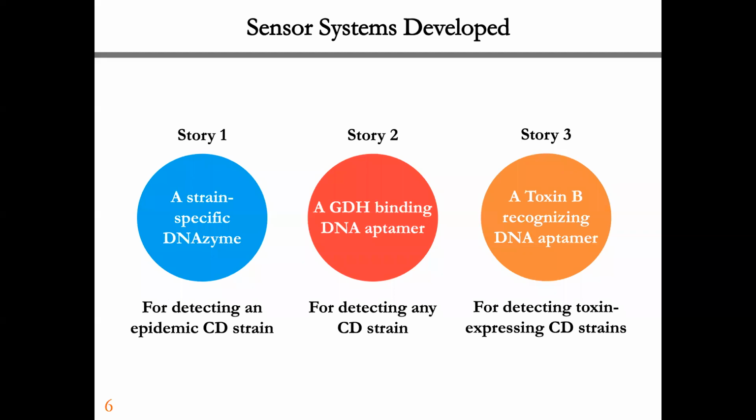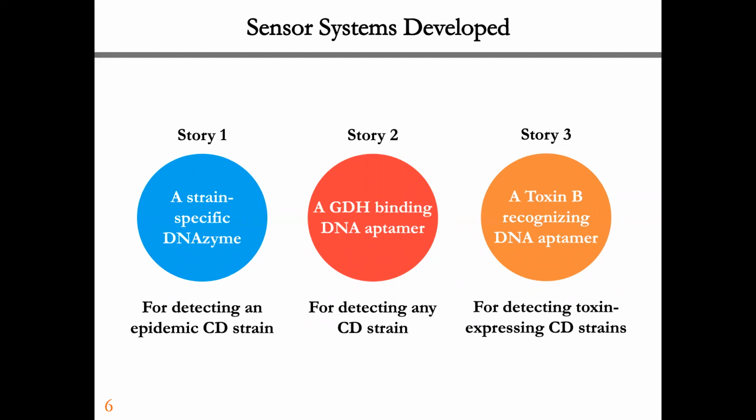GDH is specific to any C. difficile. The other one we've been working on is a toxin B binding aptamer, because not all C. difficile strains are infectious, and some do not produce toxin. So there's really not a problem there.